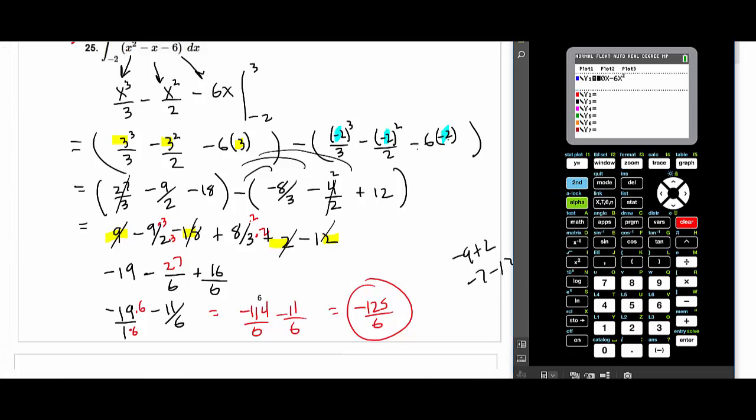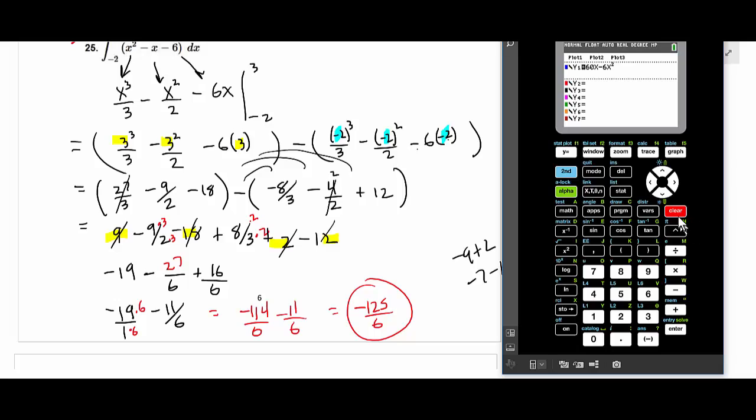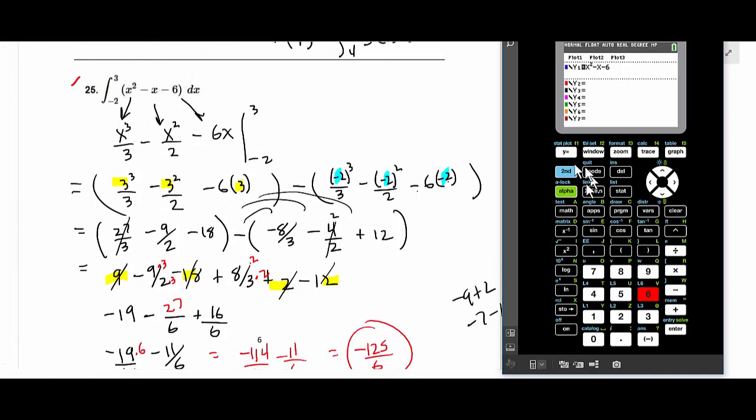Because sometimes on arithmetic, I just go real fast on it and I make a mistake somewhere, but I think I got it. Okay, if you want to do this with me, let's do this. I'm going to put in x squared, then minus x, minus 6. And if you want to check this definite integral, just set your window up. I'm going to go like 0 to 3. You could also go negative 2 to 3.